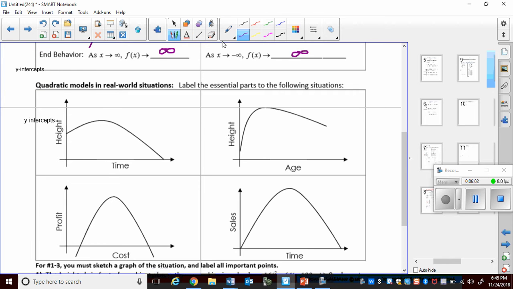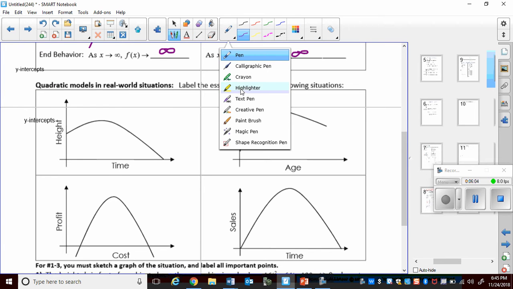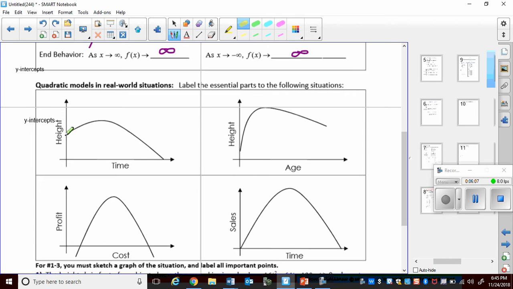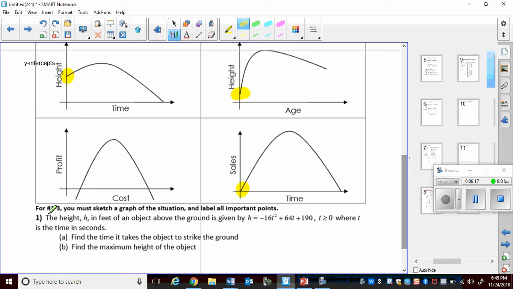I want you to circle them and label them. Those are the points where curves cross or touch the y-axis. Some of these curves appear not to have a y-intercept, but they actually do. It's somewhere down here, but we don't have that graphed. Sometimes you won't. But our y-intercept is where x equals 0. Whatever is on the x-axis is 0.